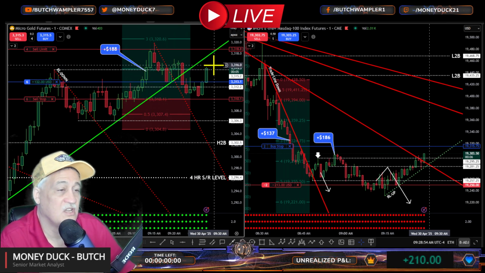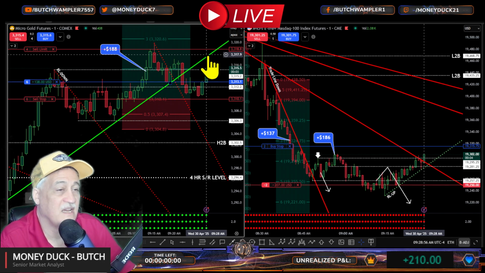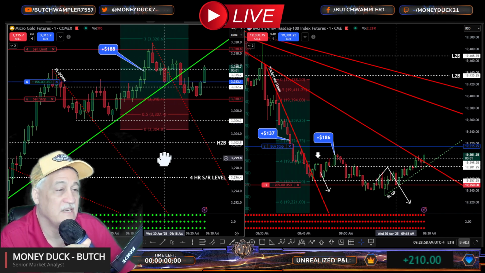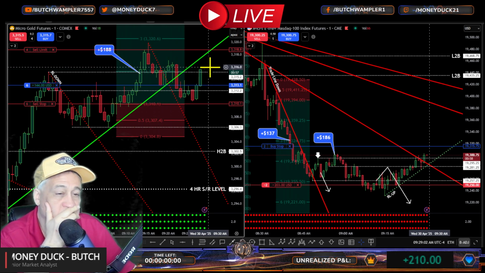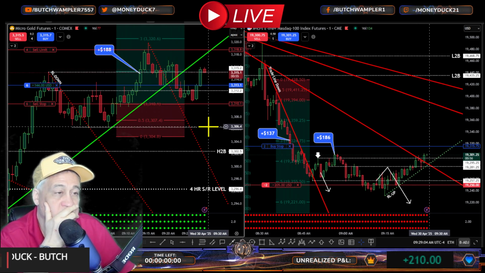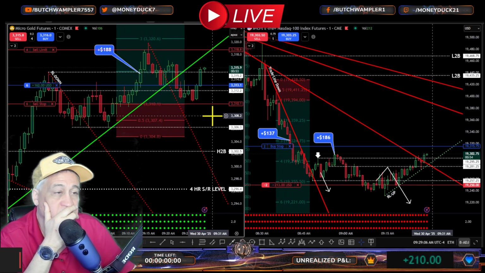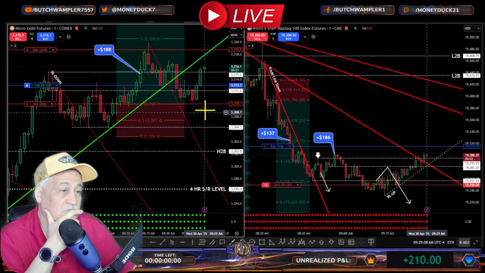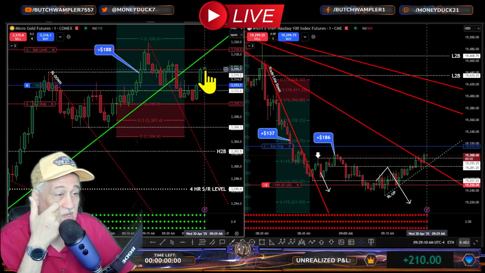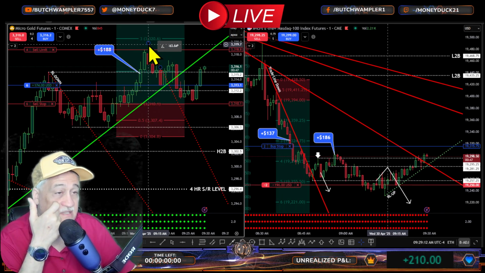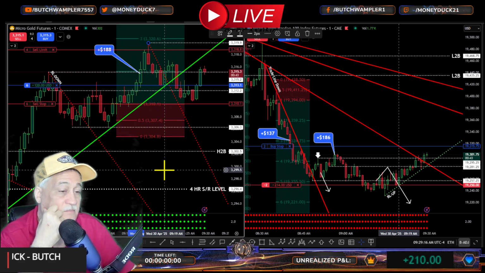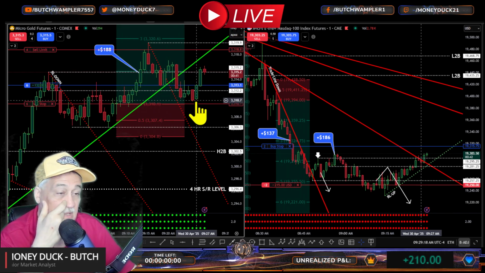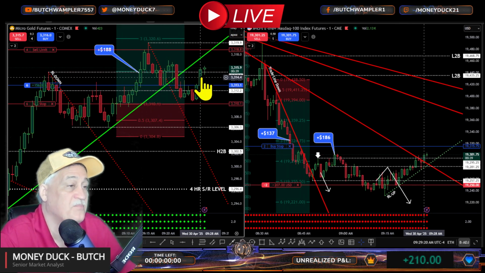Is it just going right now to test the backside of this trade line up? If it comes up and breaks this previous high over here, at that point we'd move our trade line out to this point. But until then we can't.